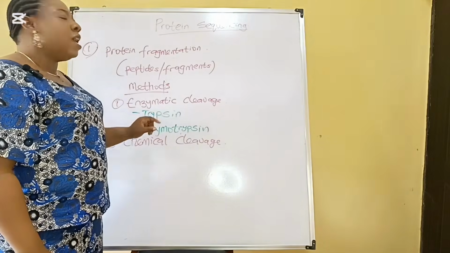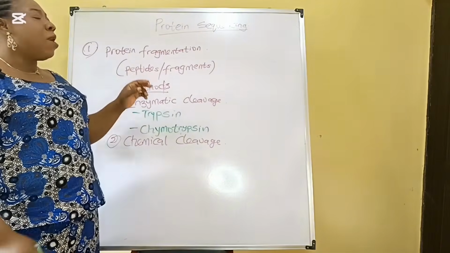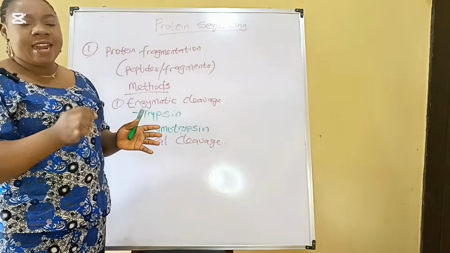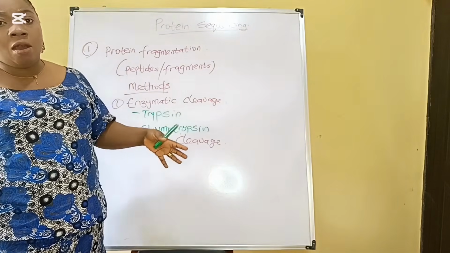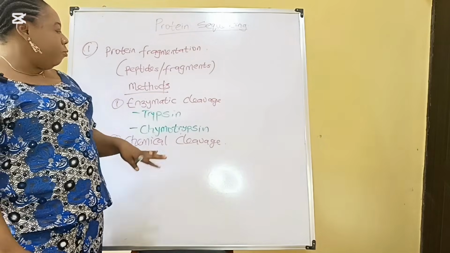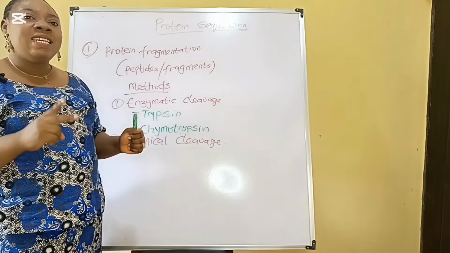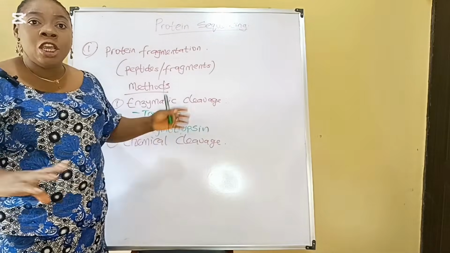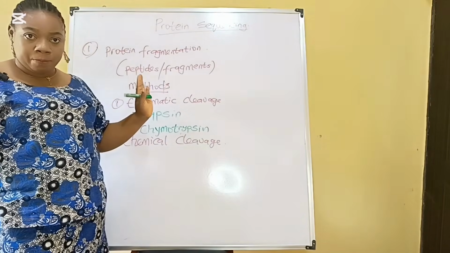For trypsin, it can only cut a protein into peptides wherever there is the amino acid lysine or arginine. So no matter how big your protein structure is, if you introduce your trypsin enzyme and it does not see lysine or arginine, it will not help you to break that protein into peptides or fragments.